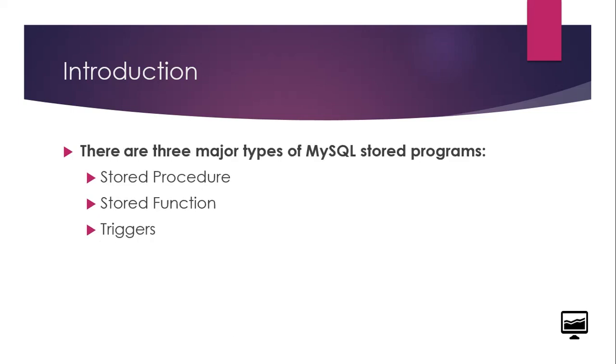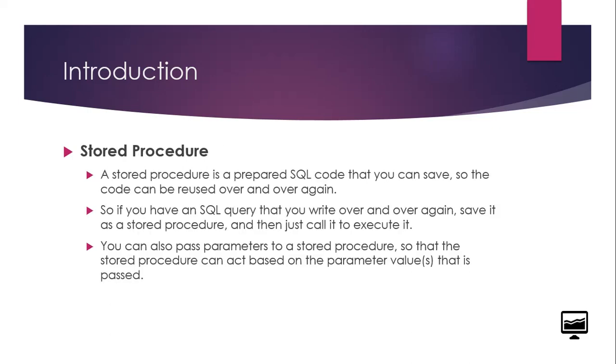Next, there are three major types of MySQL store programs. First one is store procedure, store function, and trigger, and there is also one other type, that is event. A store procedure is a prepared SQL code that you can save so that the code can be reused over and over again. So if you have an SQL query that you write over and over again, save it as a store procedure and then just call it to execute it.